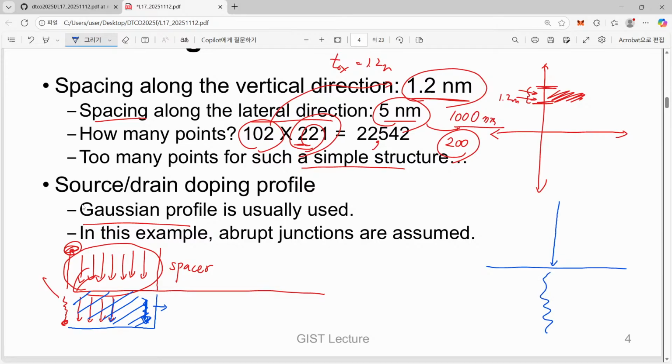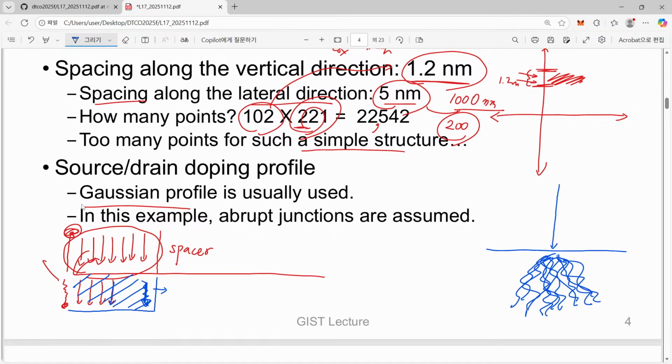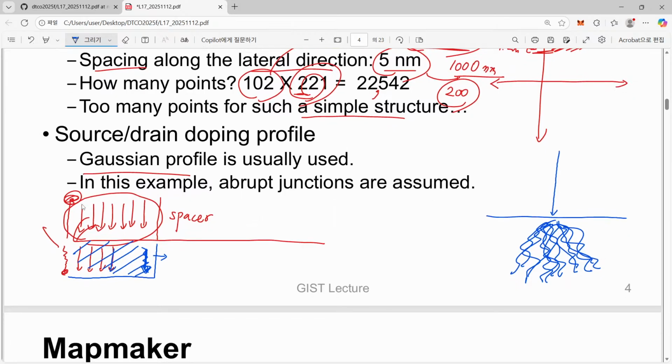For example, that can be this one. After this kind of implantation is done, do we have a 100% probability to find it only at that injection point?